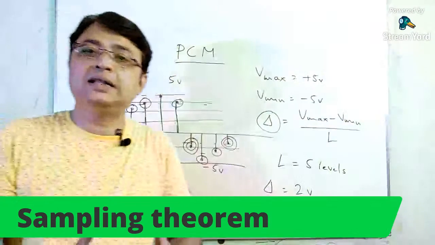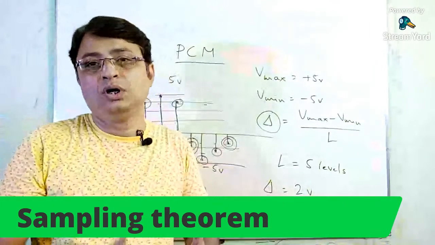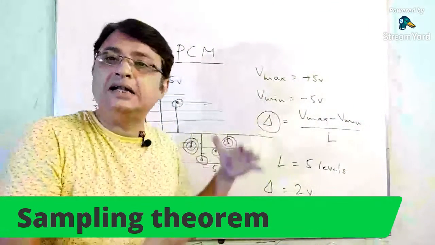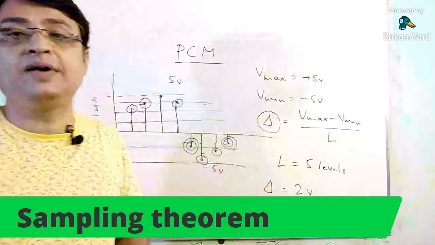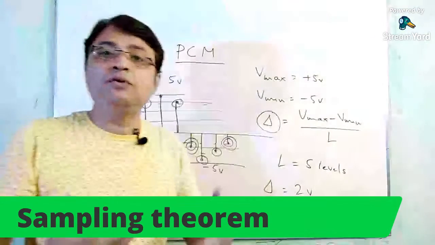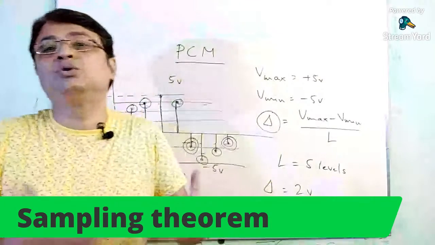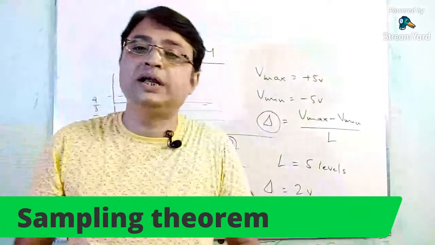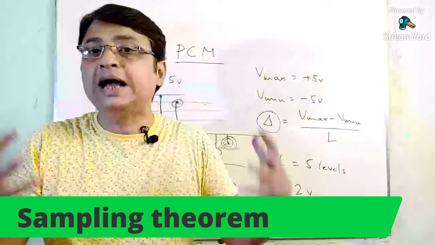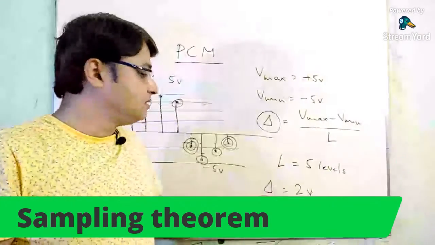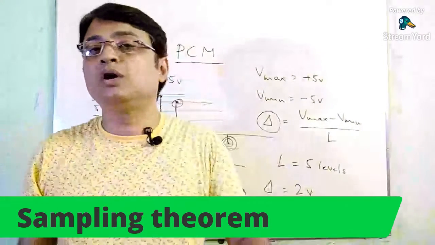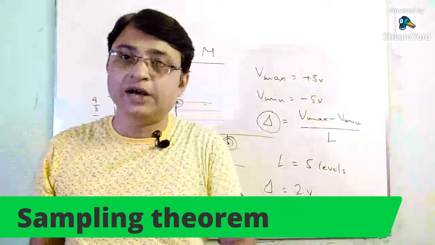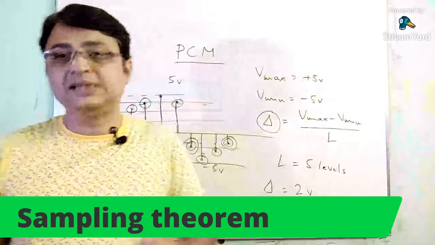If one considers that I have to divide this entire zone into 16 different levels, then the height of each zone is again reduced to 10 divided by 16.